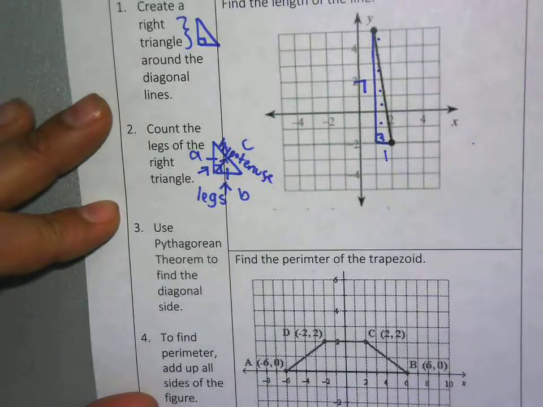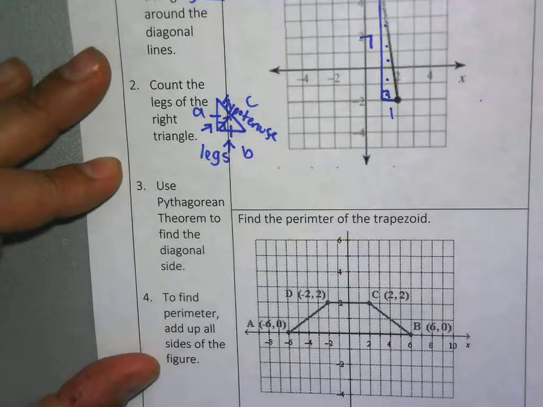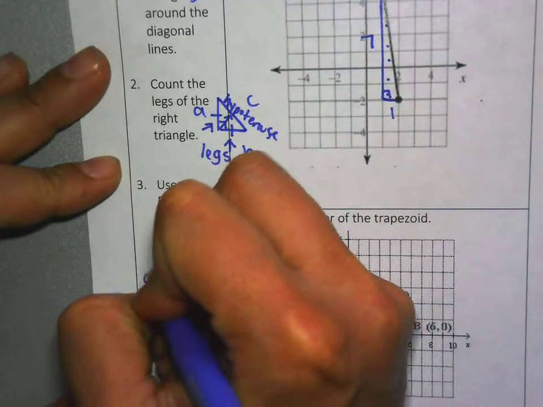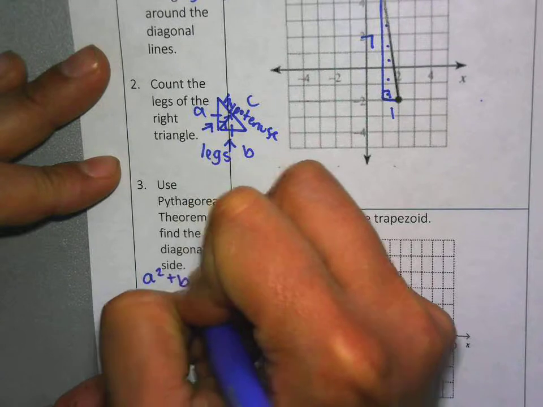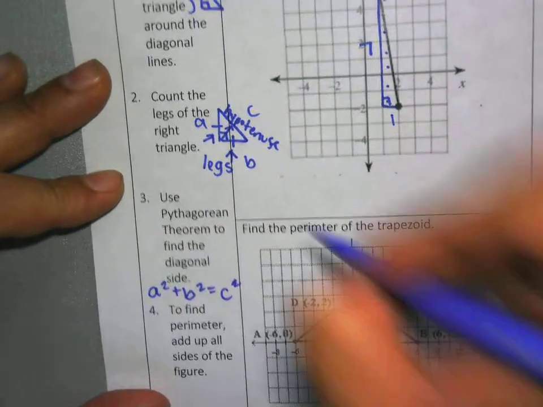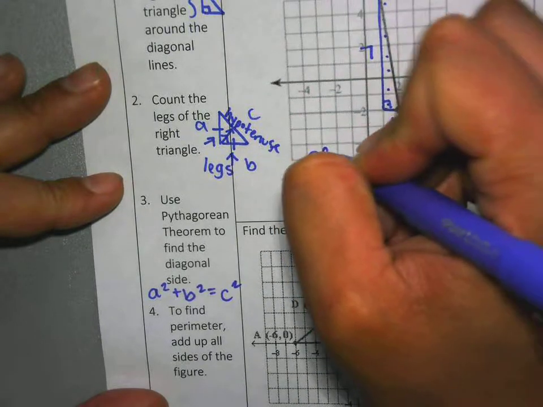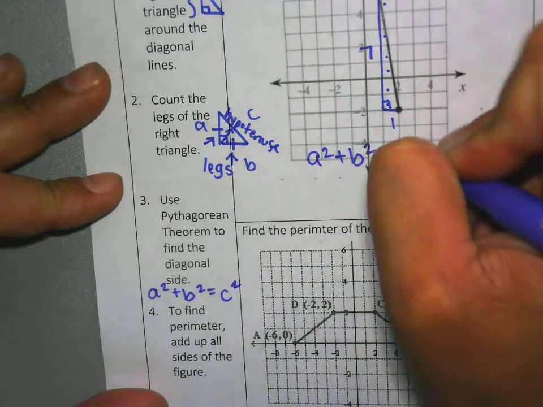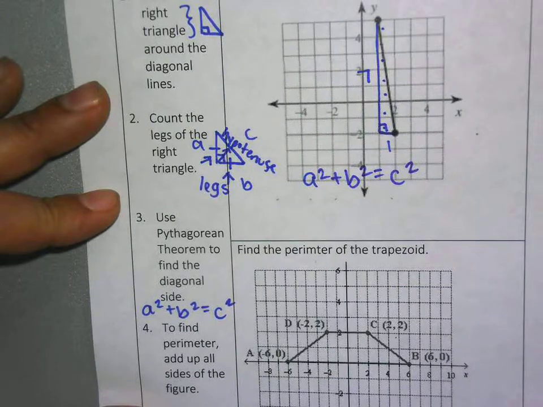Step 3 says use the Pythagorean theorem to find the diagonal side. So remember that the Pythagorean theorem is a squared plus b squared equals c squared. So I'm going to write that again up here so that I can remember where to plug things in. A squared and b squared are the legs.